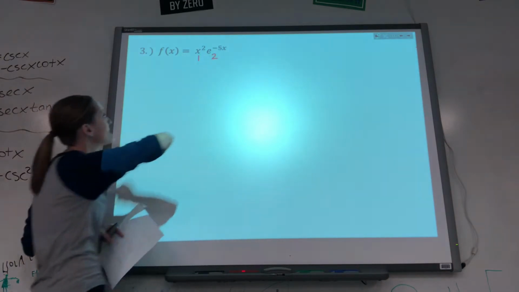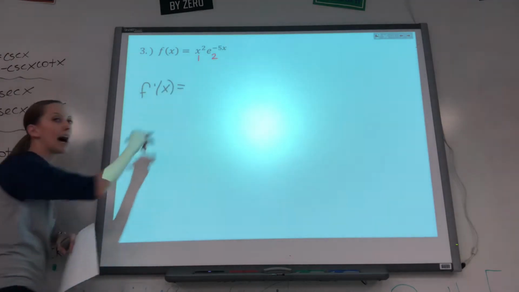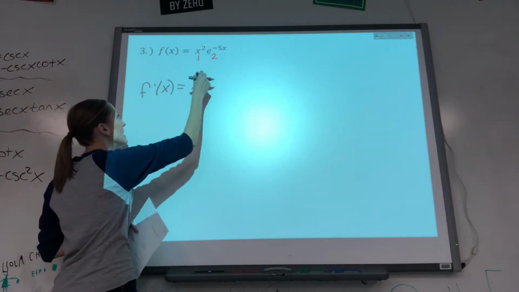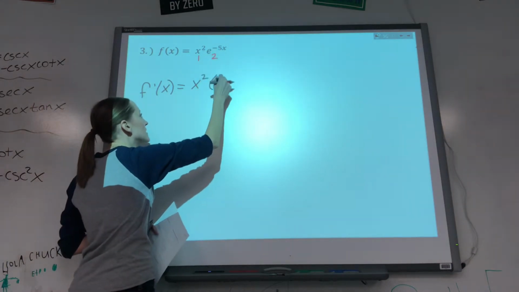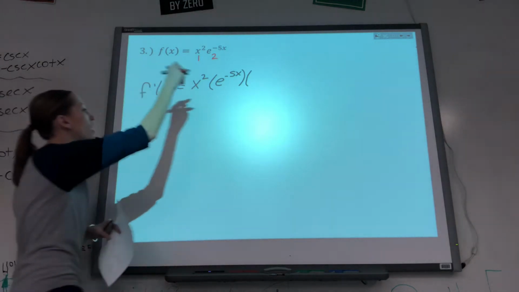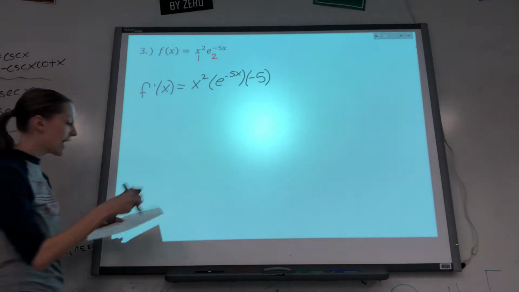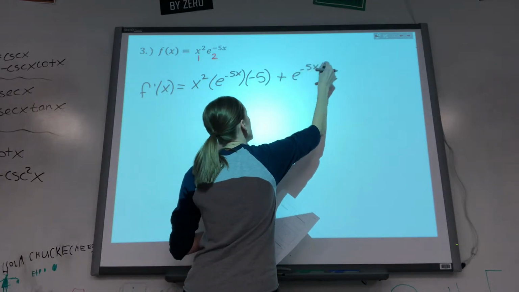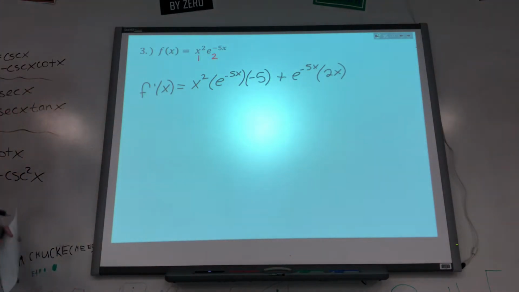Something with x times something with x. So let's do that, and then while we're doing that, we'll probably have to do what we've been doing on the others. D1 is just x squared. D2 starts out with just exactly what they gave you, but then don't forget to go back and take the derivative of that exponent. So right now we have 1 D2 plus 2 D1. The derivative of x squared is 2x.